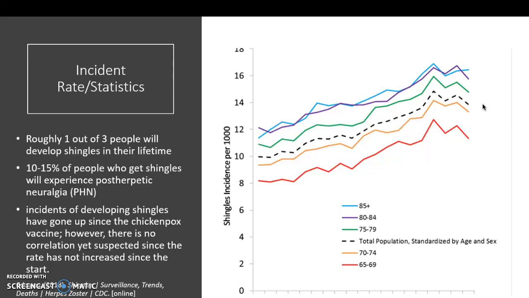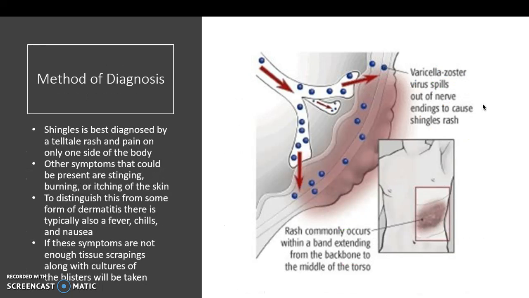Incidents of developing shingles have gone up since the chickenpox vaccine. However, there's no correlation yet suspected since the rate has not increased since the beginning. And the graph that he has here just shows the shingles incidence per 1,000.